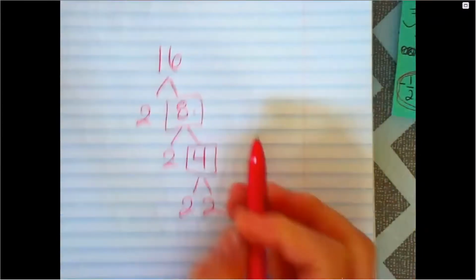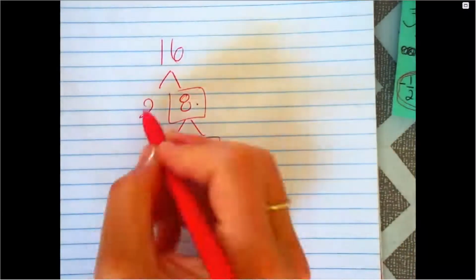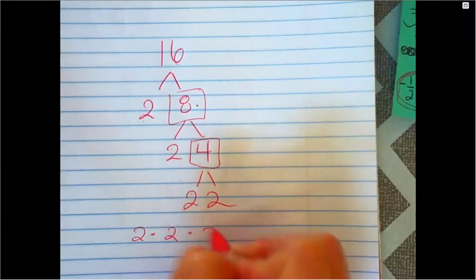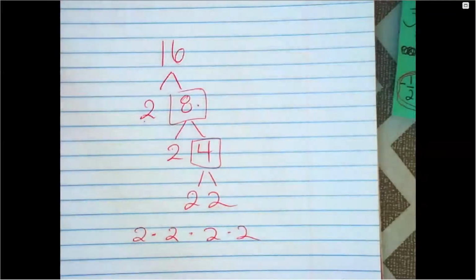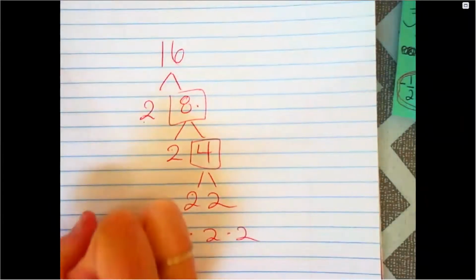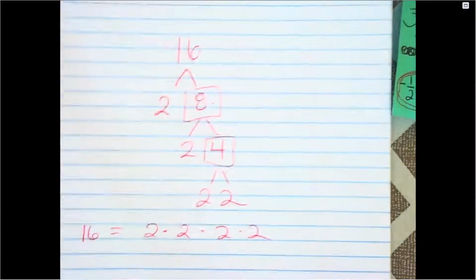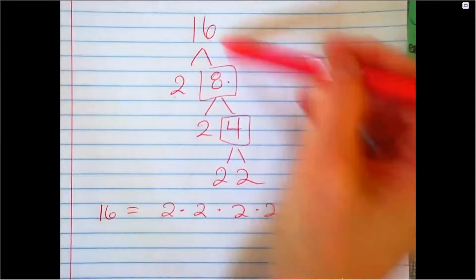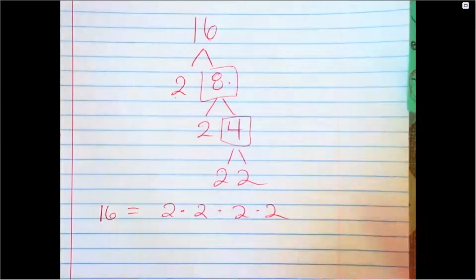So the prime factorization of 16 is 2 times 2 times 2 times 2. Okay, so that's the prime factorization, and that's actually what we're going to be working on a lot this week, is making these kind of trees, these factor trees.